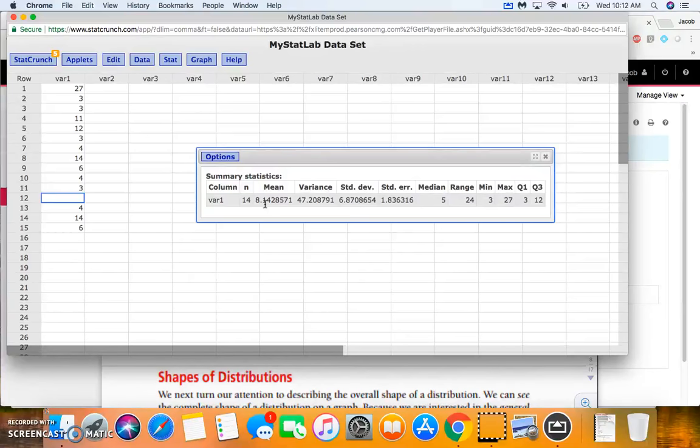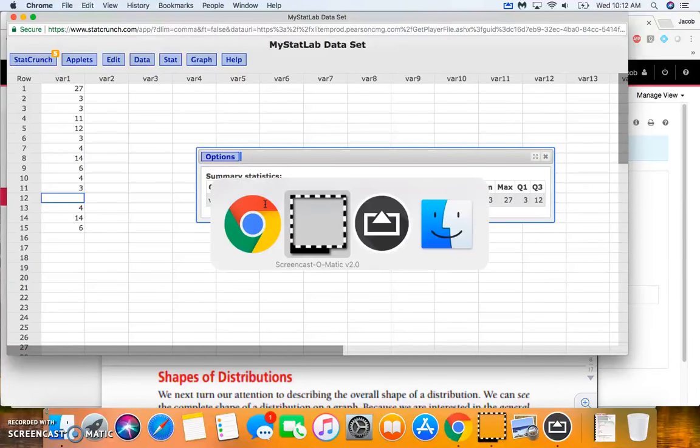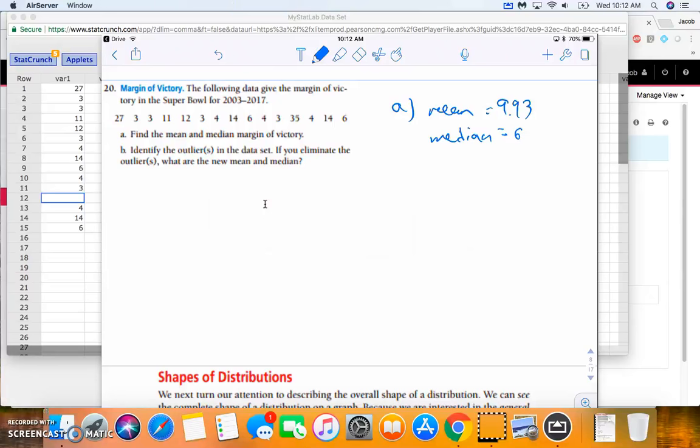Eliminating that 35 did bring down that mean, and again we can see just how much that one value can tug down on our mean. So in this case, in part B, the mean was 8.1. The median did happen to drop, so that middle value dropped by 1 as well.